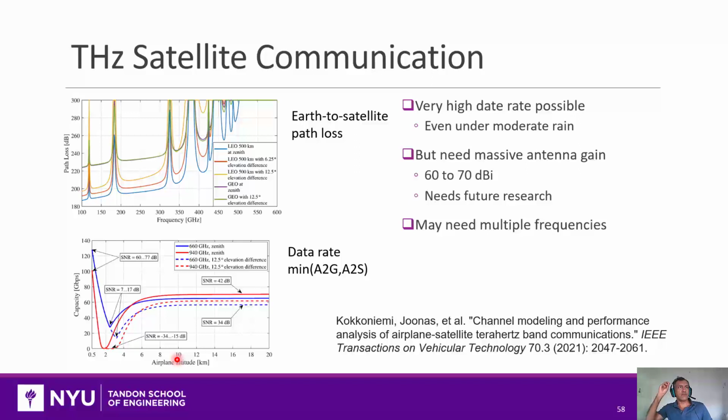That paper makes the argument that this is feasible theoretically, but we're not there yet, and this could be an avenue of future research. The other aspect is that because of the different geometries, you might actually need multiple frequencies to get continuous coverage. So this is a super interesting application that I think will be something to look at.